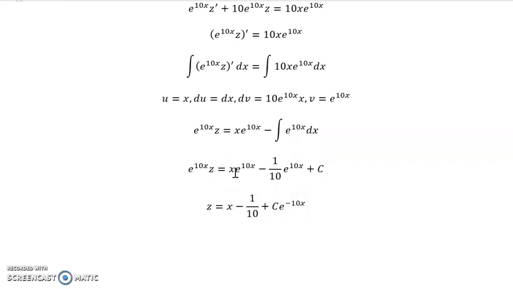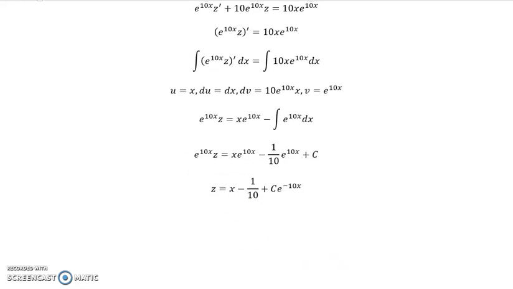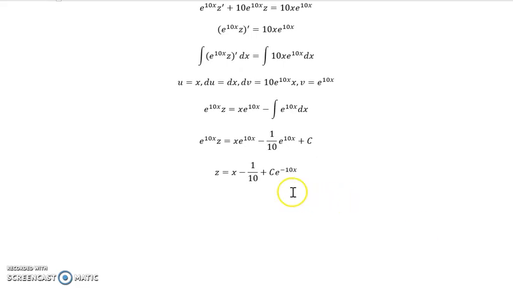Here it's going to cancel on the negative 1/10, but leave the negative 1/10 in its place. And then the constant also has to be divided by e to the 10x. And so I'm going to write this as e to the negative 10x so that I can multiply instead of having a fraction. Now we're not quite done yet.